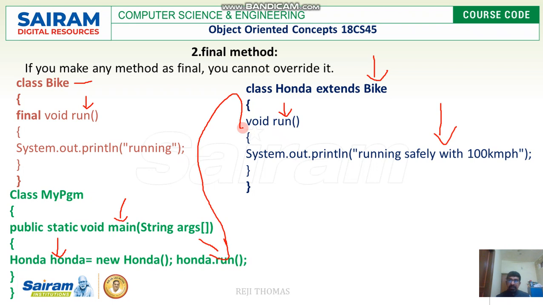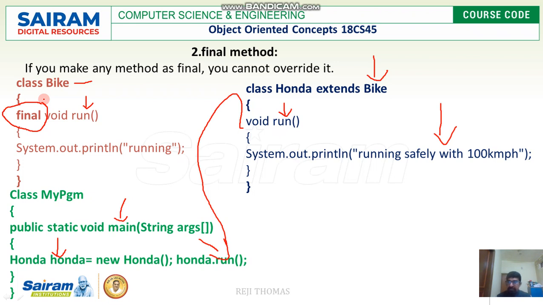There is a run method in the superclass, and there is a run method in the subclass. But if you look at the run method in the superclass, we told very clearly, this is very specific, that nobody should override this method. If any subclass tries to override this method, it is going to throw a compile time error.